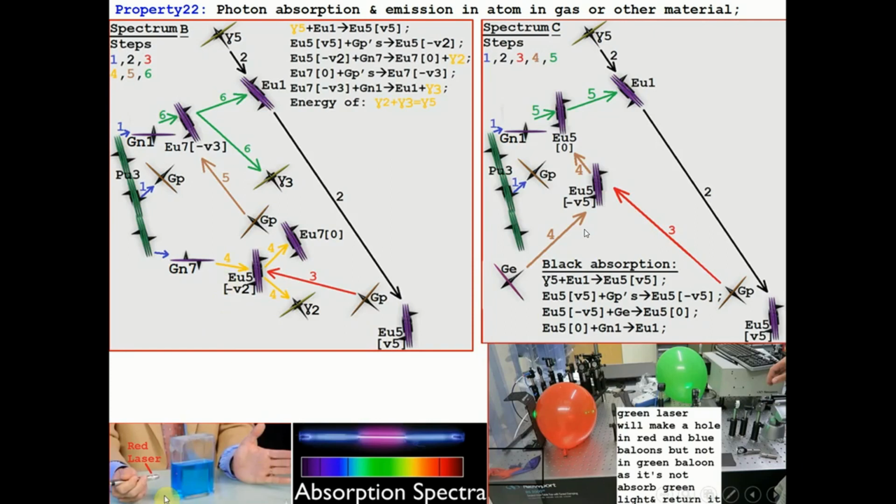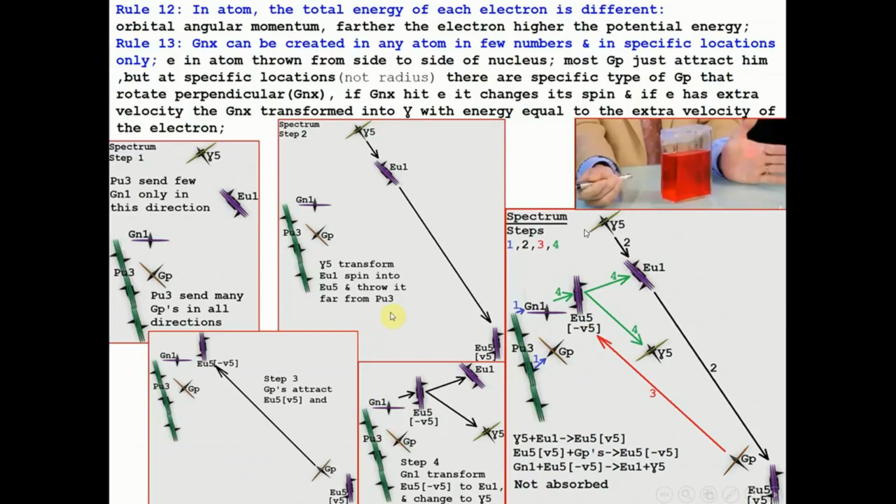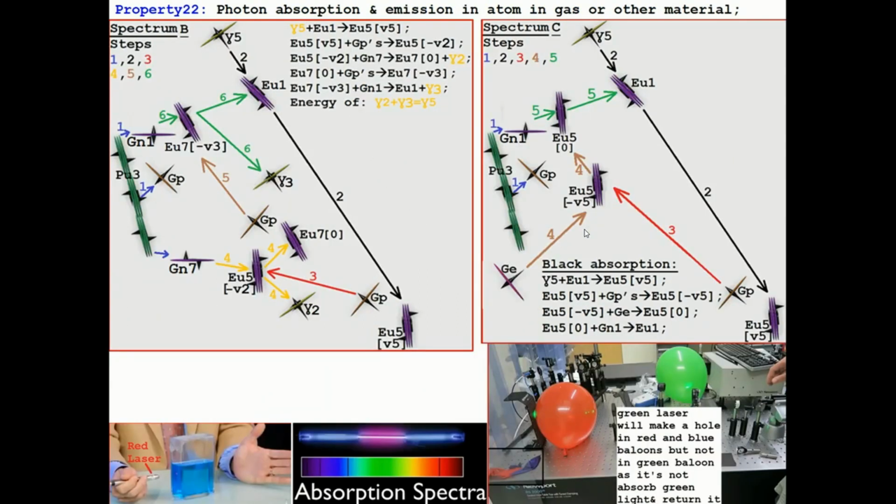But if we shine a red laser through a red material, we will see that the red light gets through the material. And this is why a green laser will make a hole in a red balloon, because the green laser energy transforms into kinetic energy of the atoms in the balloon and burns it. And when a green laser hits a green balloon, it will be emitted back.